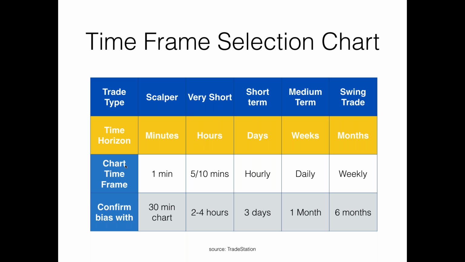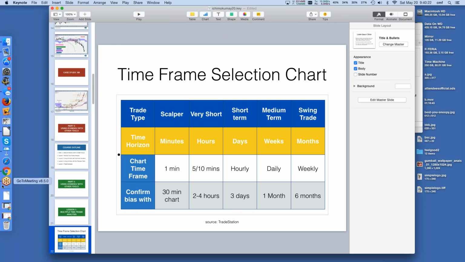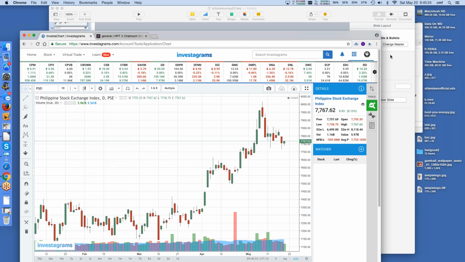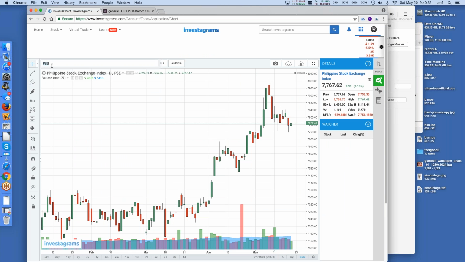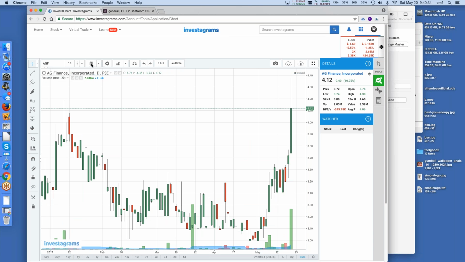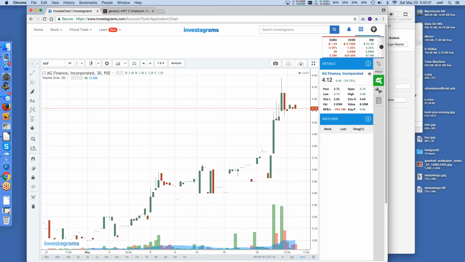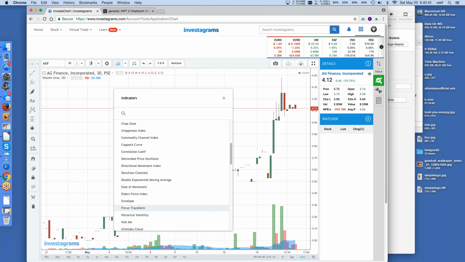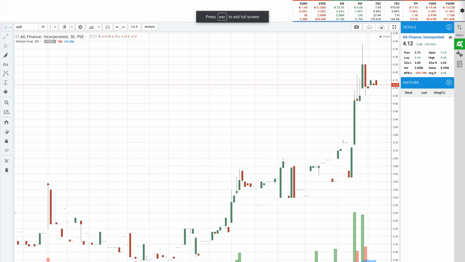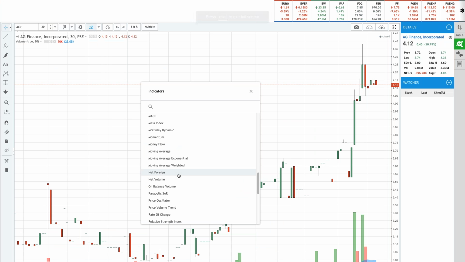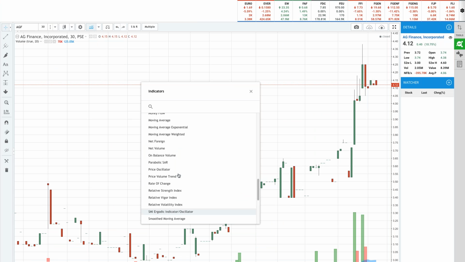So I'd like to show you an example using our Investograms chart. So let's choose a very volatile security, for example, AGF. This was yesterday. AGF made a strong move yesterday. So let's add the Kumo, the Ichimoku cloud.